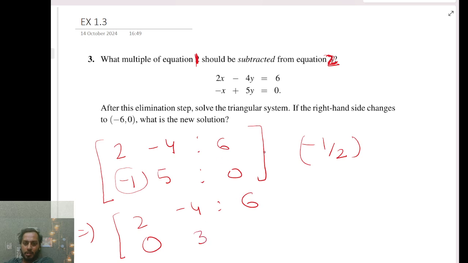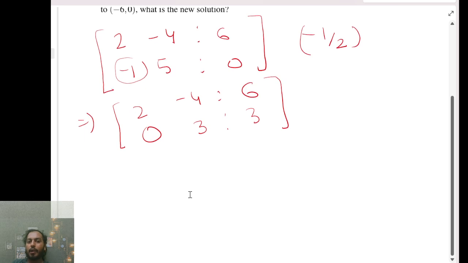And subtracting minus 1 by 2 times of 6, which is minus 3, it will become positive 3. Is it okay? That is going to be my upper triangular matrix.